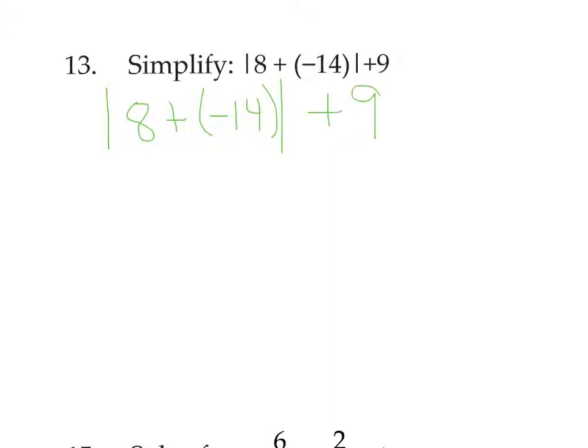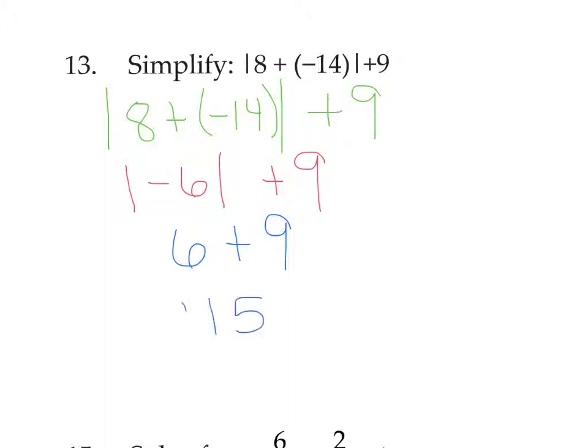So of course, we're going to work inside this absolute value first. So 8 plus negative 14 makes negative 6. The absolute value of negative 6 means how far is this number from 0? It's 6 units away from 0. So this is 6 plus 9, which is 15.